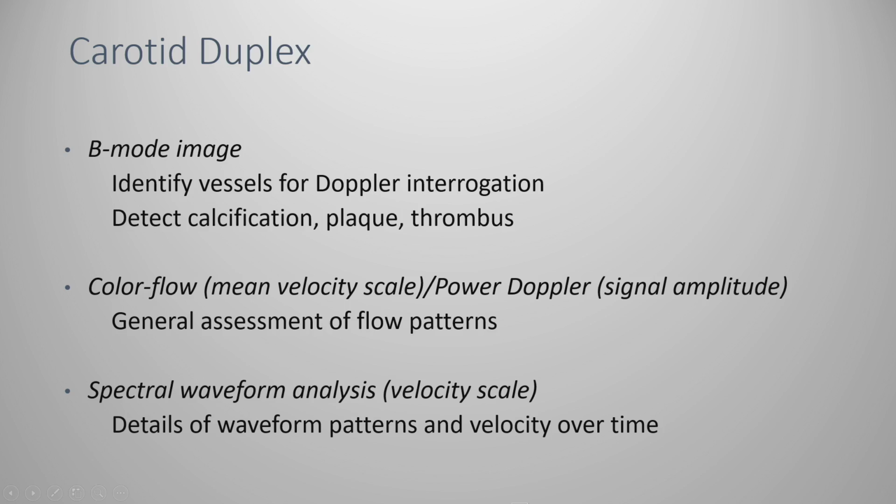Again, spectral analysis or the velocity scale is where we usually make our diagnosis, but it is very important not to forget the B mode or imaging component of this examination as well.